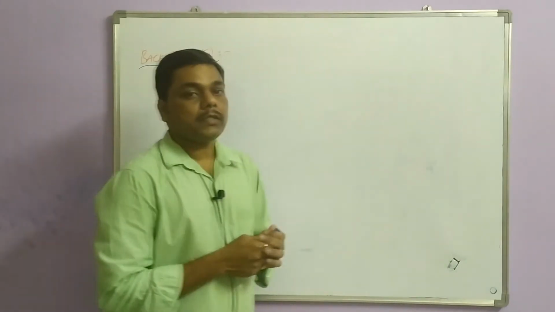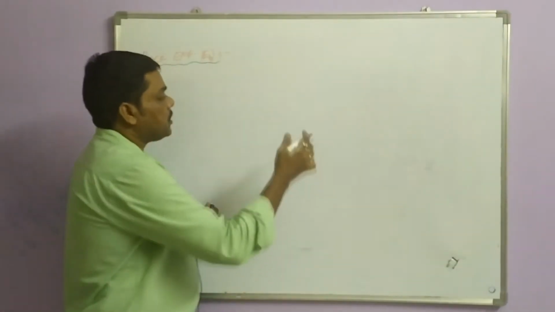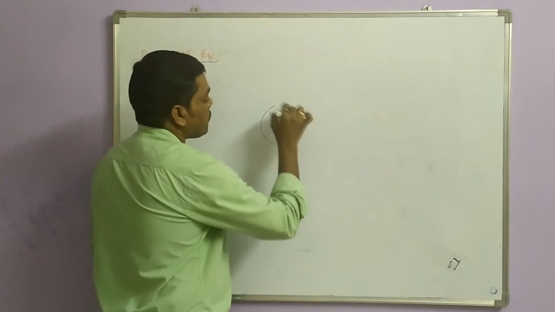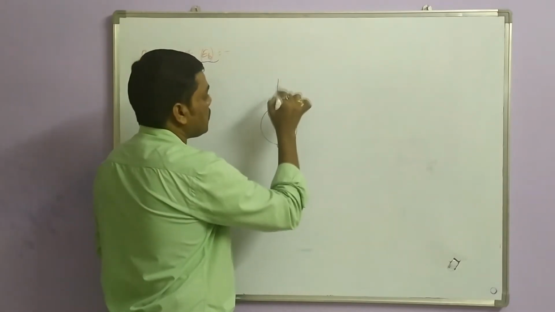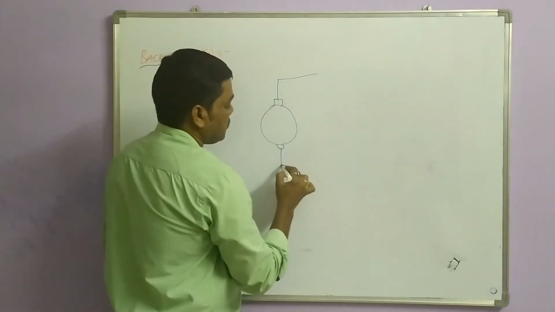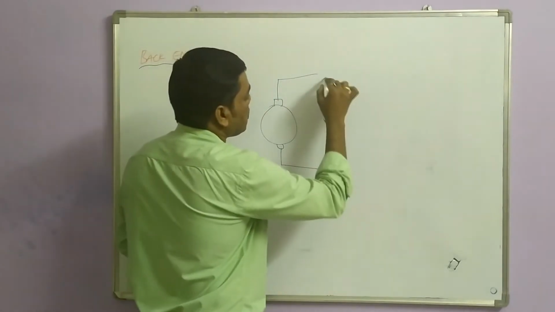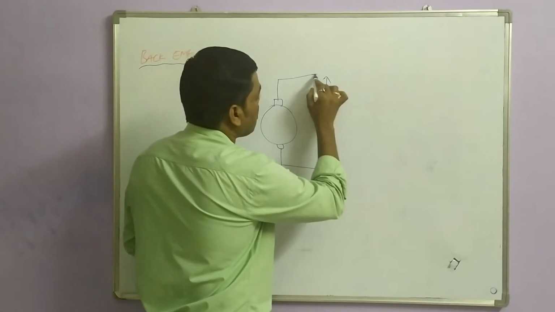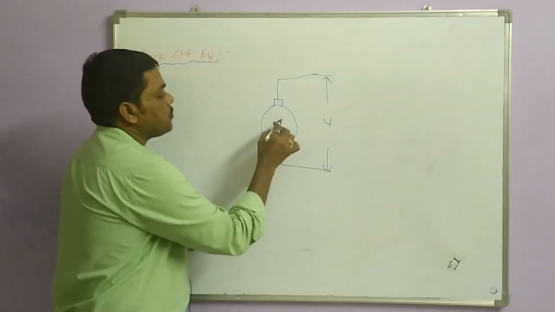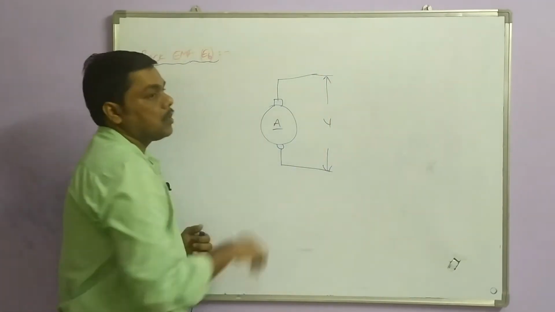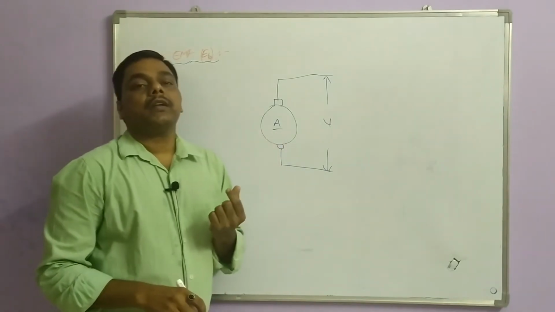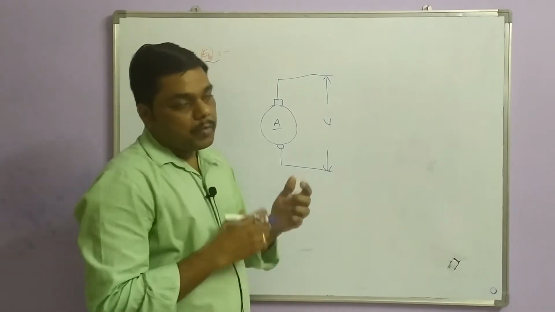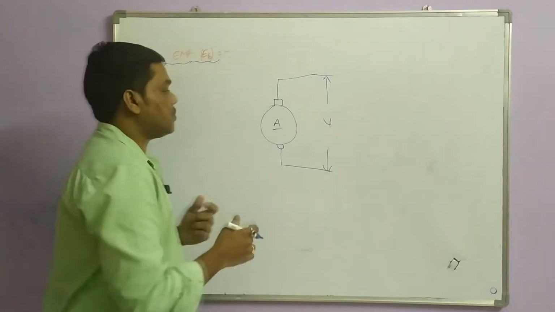So how is it induced? If you take a DC motor, and when the supply is given to this motor, this armature has some conductors, and the armature conductors rotate.